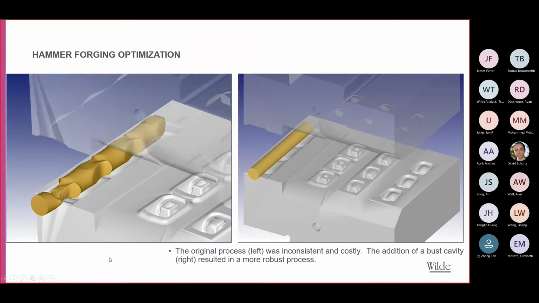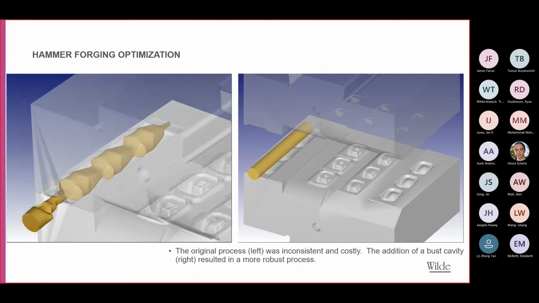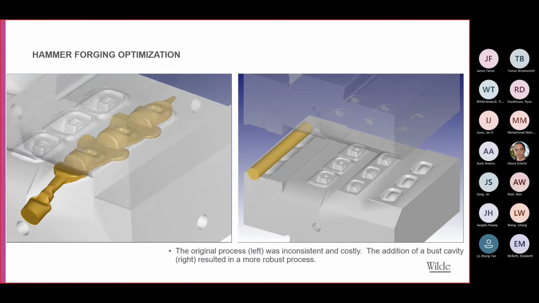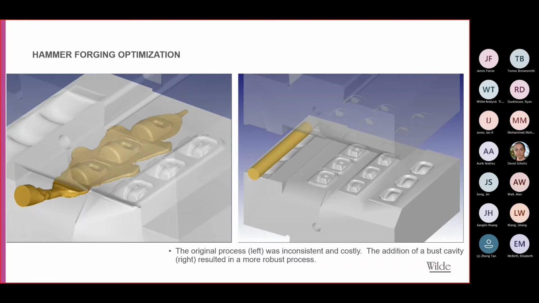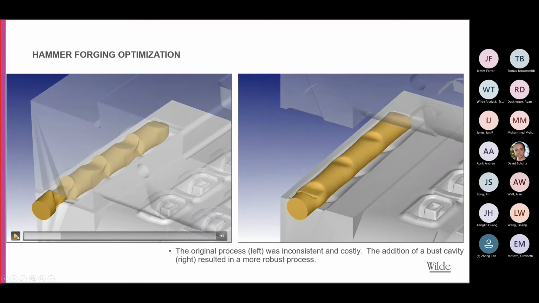So the original process looks like this. There's the initial blow there. And then the final blow. And the modified sequence looks like this.